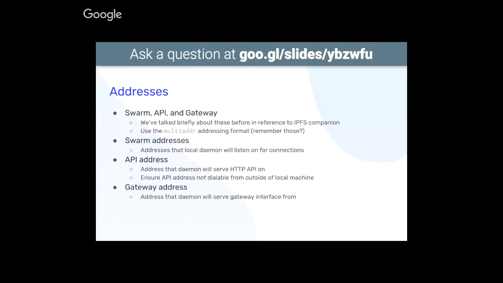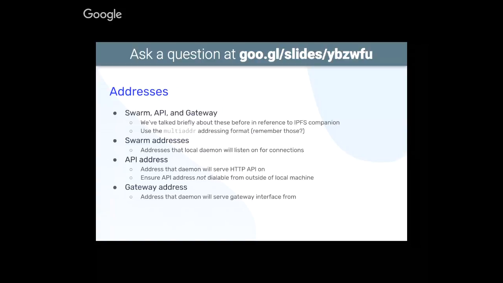Similarly, you can control your gateway address as well, and that controls the address that your IPFS daemon will serve your local gateway interface from. So for browser peers, it's obviously not useful, and we don't have it enabled by default. But from a server peer, or a peer running on your own local machine, if you want to be able to interact with IPFS-based files, say via a Web 2 site, then you'll probably want to access them via either the public gateway or your own private gateway, in which case you'd want to enable the gateway by specifying a gateway address.